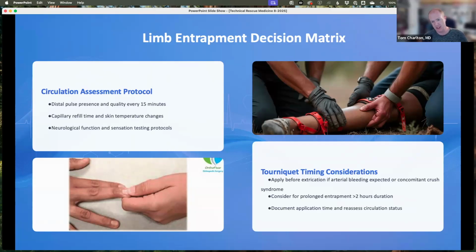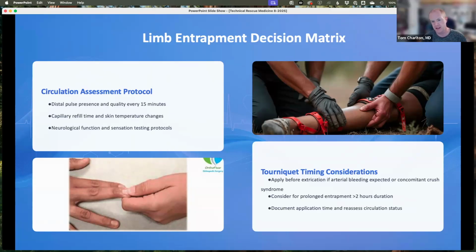So the tourniquet in those situations has a twofold purpose: preventing the crush syndrome sequelae from occurring, and also preventing any bleeding if there is arterial compromise distal to this.